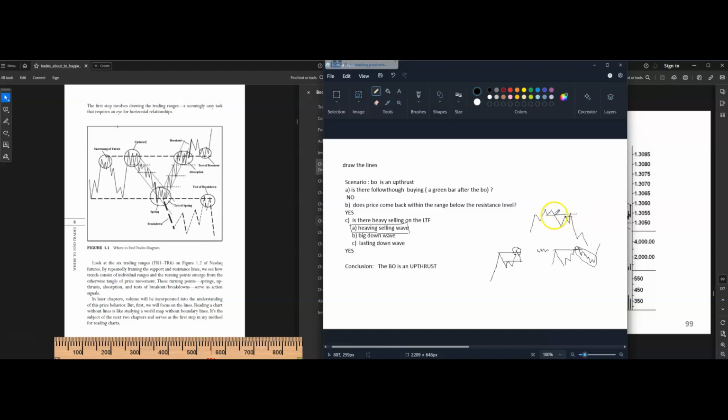Because you have selling in the background, you have a breakdown bar, you have a test and a retest and all of that. So this is the better upthrust to look for. The A, B, C.